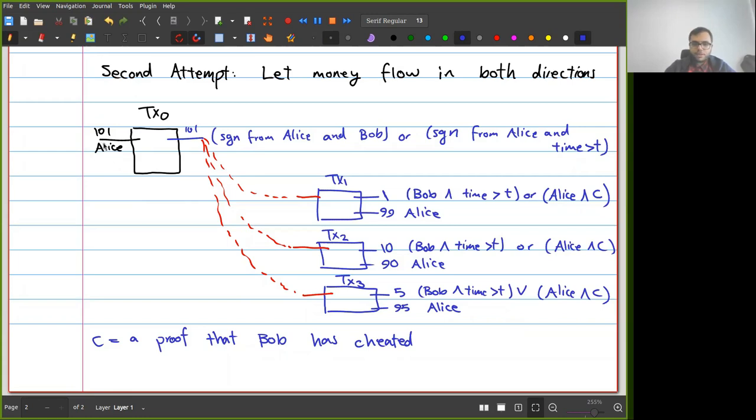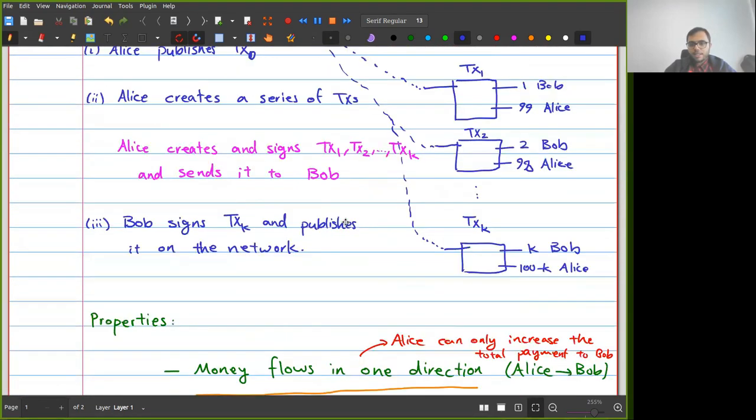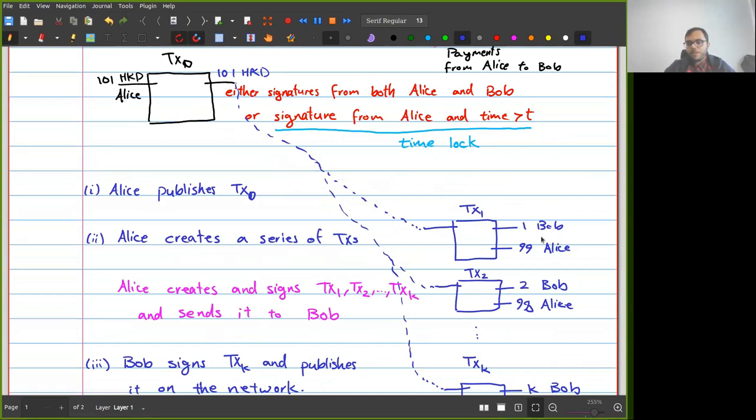This is 101 units. And then in each one of these transactions, previously she was like, I'm going to pay Bob 1 unit of money, or I'm going to pay Bob 2 units. And of course, this transaction would only be valid when it has Bob's signature because it's using this output.